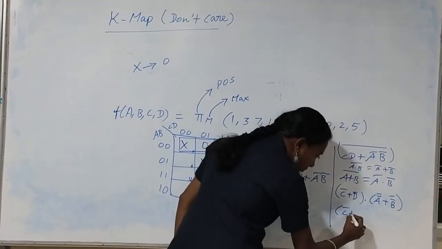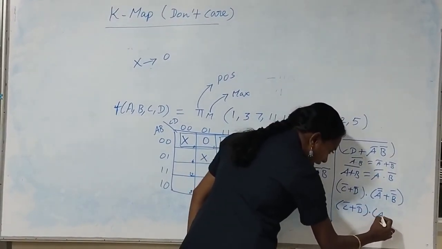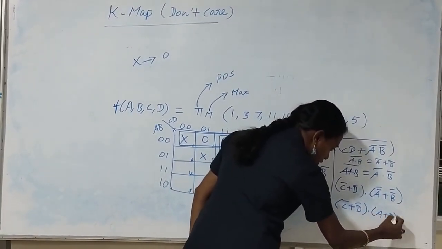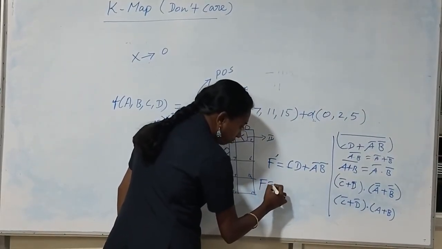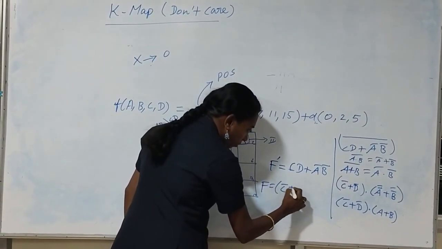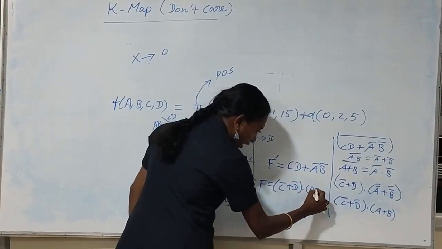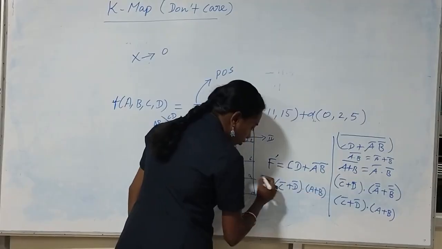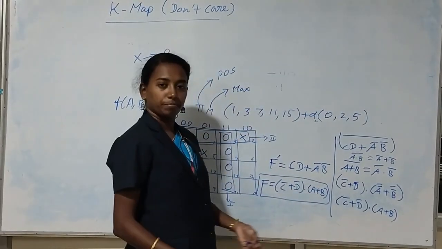So here C complement plus D complement dot A plus B. So this will be your final POS expression. So F is equal to C complement plus D complement dot A plus B. So which is your product of sum.